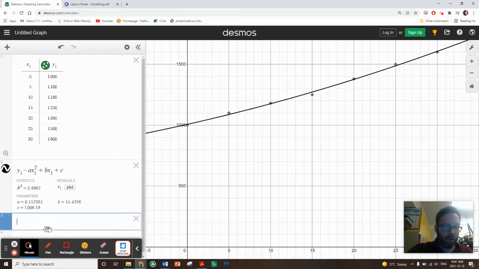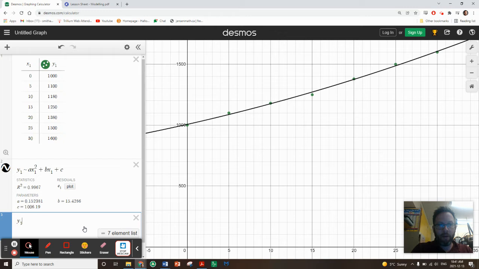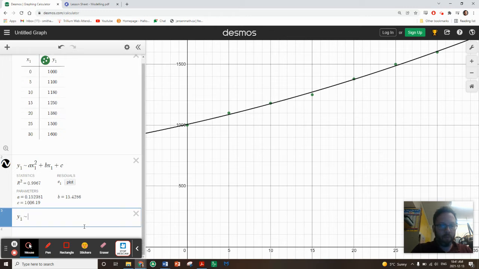So I'm going to flip down to a new spot here, and we're now going to perform an exponential regression. We do something similar: y1, to make sure we're using the data from our table, tilde, and then our exponential function is just going to be a simple one of the form a times b to the power of x.